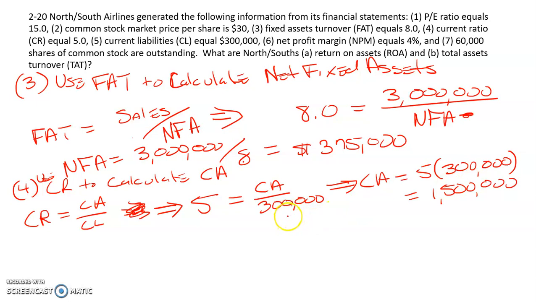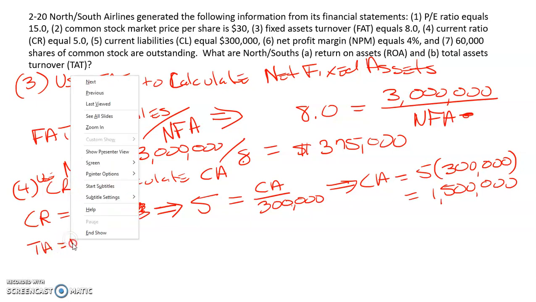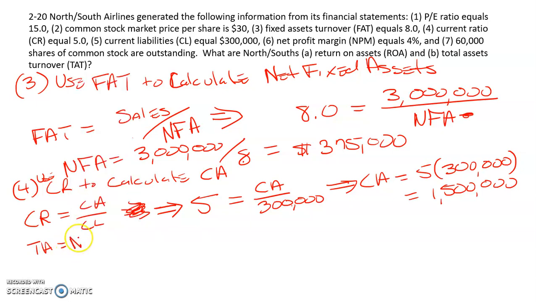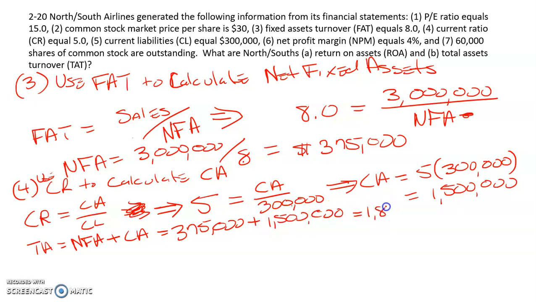So our total assets is net fixed assets plus current assets, which is $375,000 plus our $1.5 million, and that's $1,875,000.